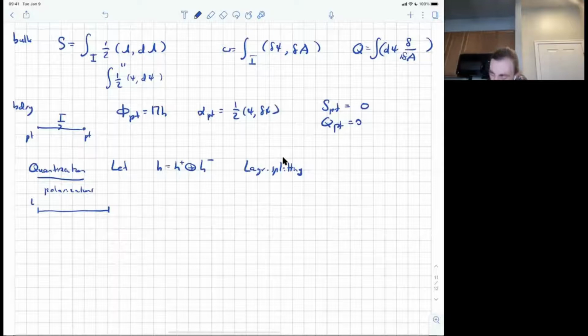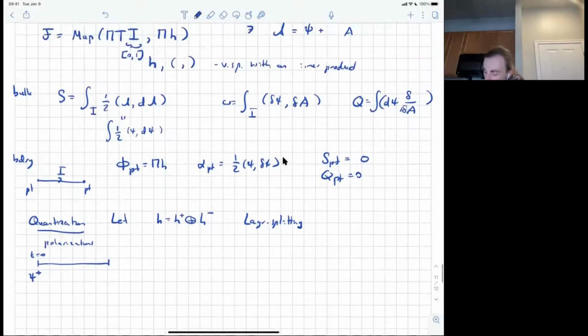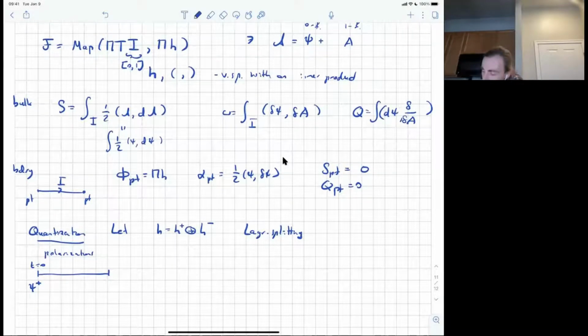So at t equals 0, I want to fix the plus component, so component in H plus of the field psi. So I should have mentioned that the projection from the bulk to boundary fields is just the pullback of a differential form to a boundary point, and so it forgets A entirely and restricts psi, the 0 form, to either t equals 0 or t equals 1.